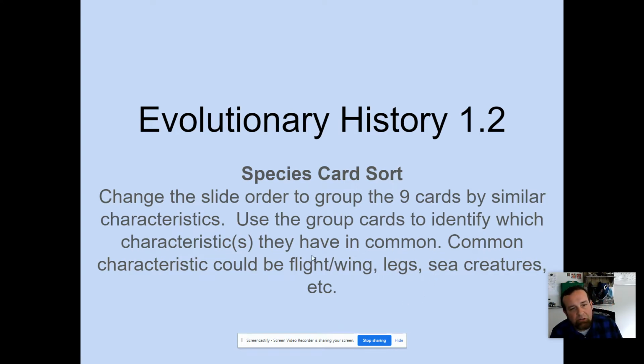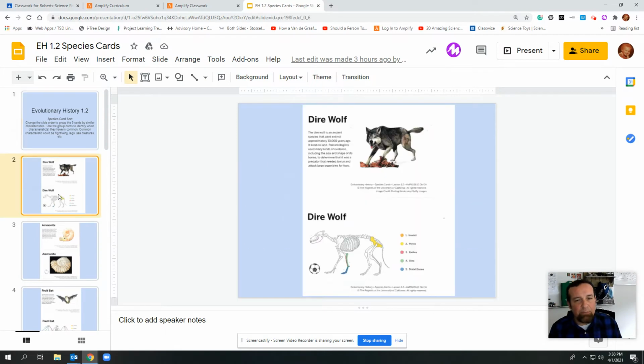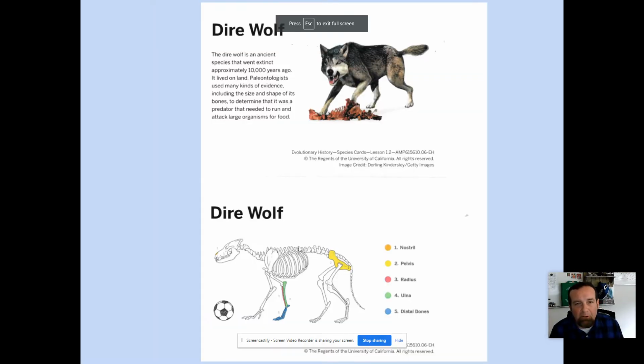So we're trying to practice being paleontologists. So we get a nice card here, and it will show, especially if we zoom in a little bit here, it'll give us some information about the animal. It will also give us a skeletal structure so we can look at the bone structure. So like for instance, this creature, this dire wolf, obviously has legs of some kind.